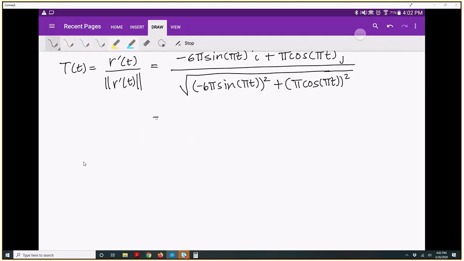And we'll simplify it as much as we can. So on top, still negative 6 pi sine of pi t i cap plus pi cosine of pi t j cap.